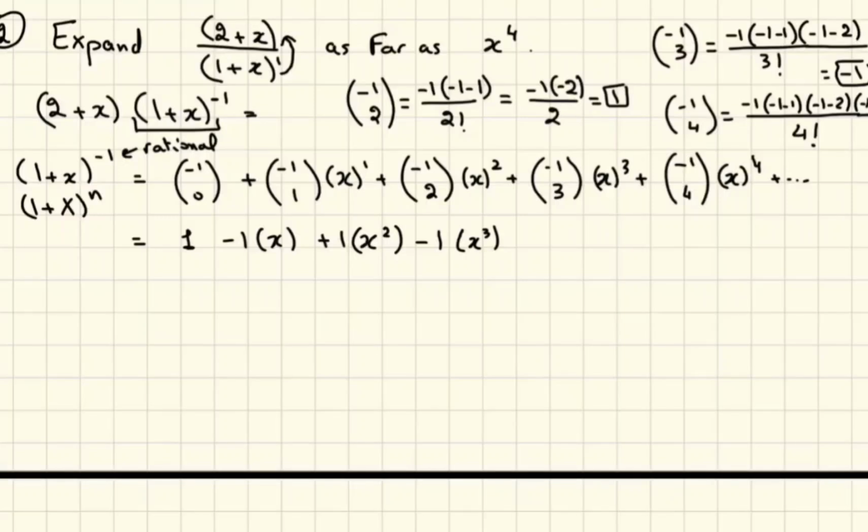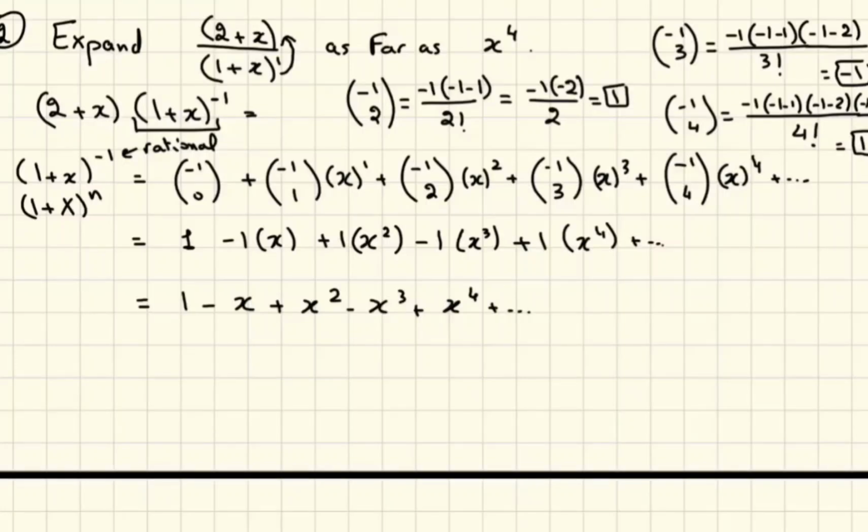Now, when we simplify that one using a calculator or manually, we should get positive 1. So plus 1 x exponent 4. Let's finalize the answer. So 1 minus x plus x squared minus x cubed plus x exponent 4.